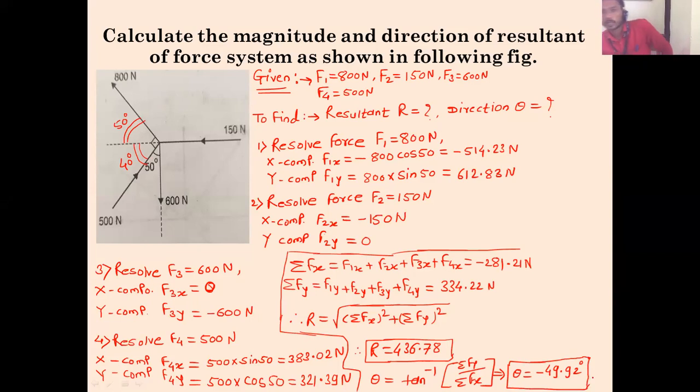Minus 49.92 exactly. So how our angle came? Positive or negative? Negative. So how we are going to measure? Suppose I will show you. Clockwise. Once that angle will come something like this.